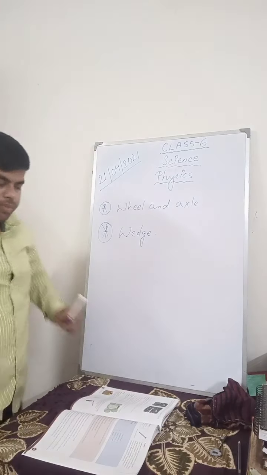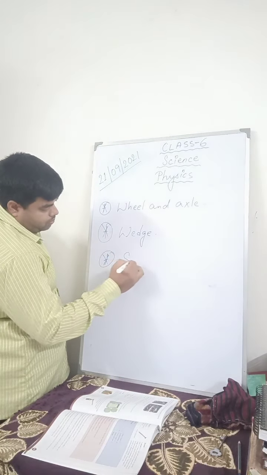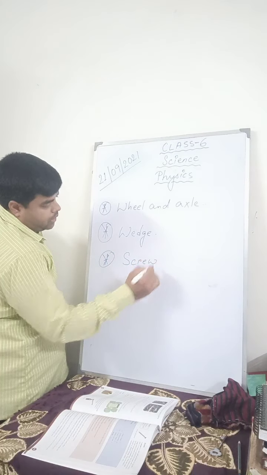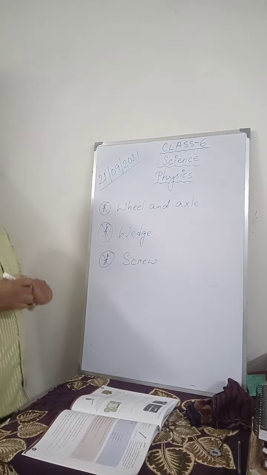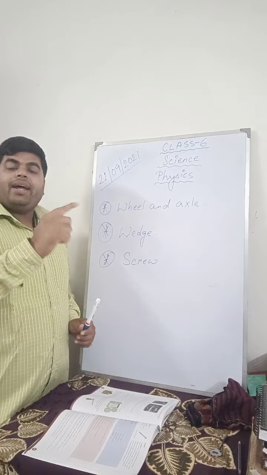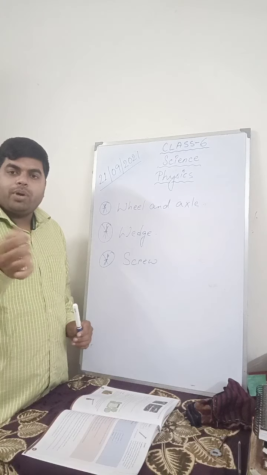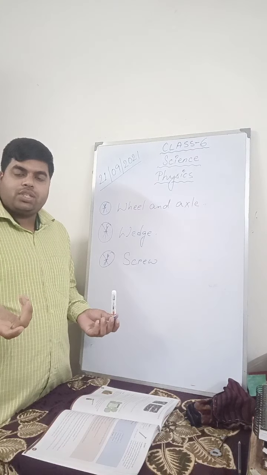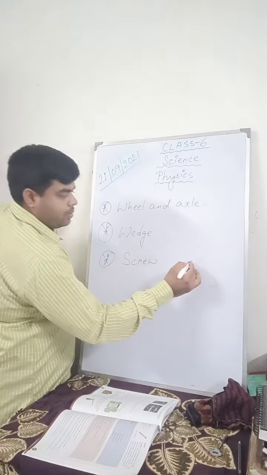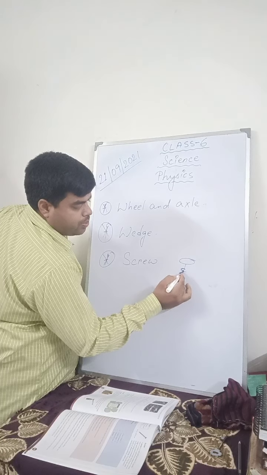The last simple machine is screw. Screws are like nails. Screws are long rods with a spiral binding of iron, and they are very sharp.